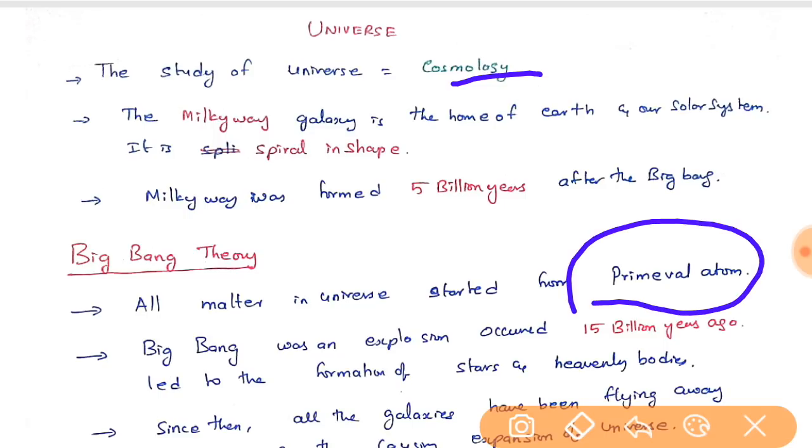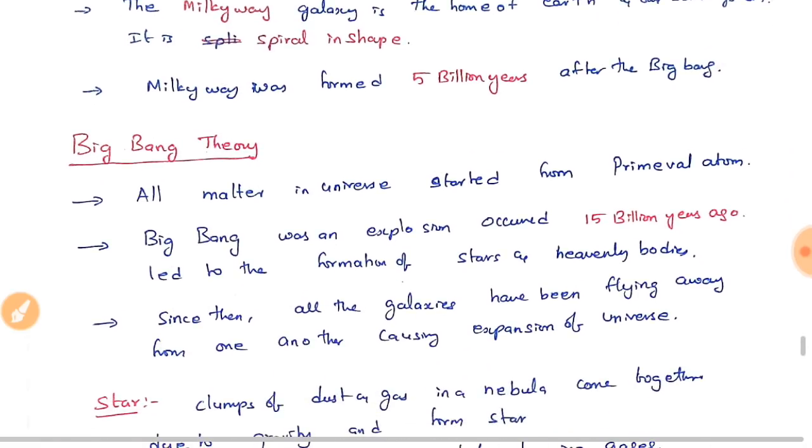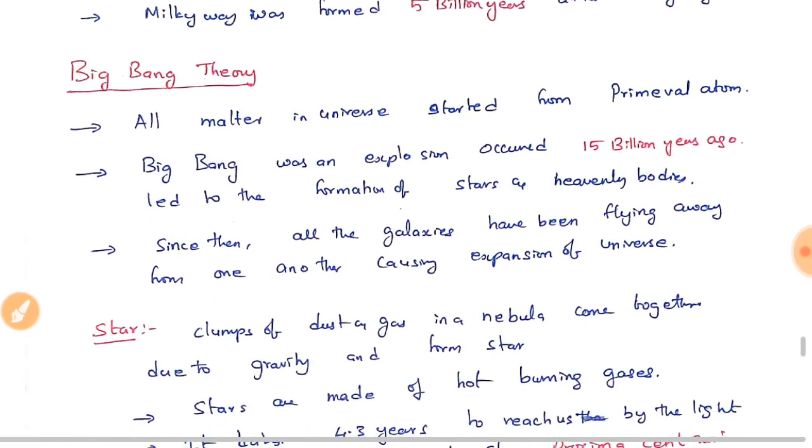This Big Bang was an explosion that occurred 15 billion years ago. 10 billion years after the Big Bang, the Milky Way took form, friends. And since then, all galaxies have been flying away from one another, causing expansion of the universe. So this is the formation of the universe, friends.